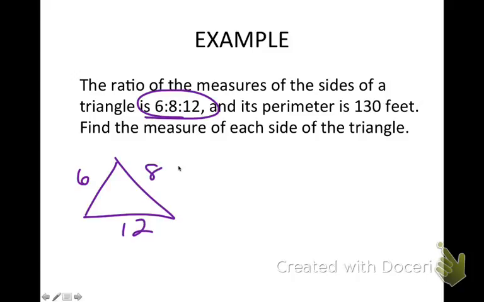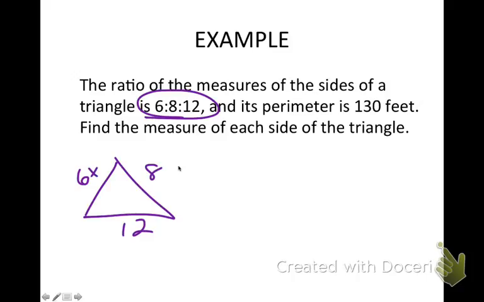It's telling me that my triangle's perimeter must be 130 feet. How do we find perimeter? Add up all the sides. Do these add up to 130? No. So there has to be some scale or some multiplier that makes it there. If I were to just double them, 12, 16, and 24, those still don't add up to 130. Tripling it still doesn't get you to 130.